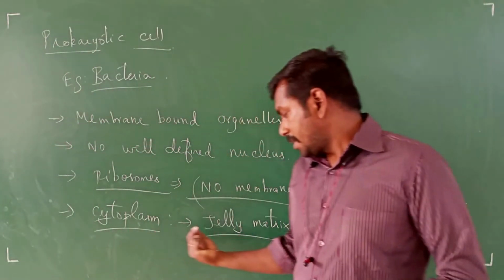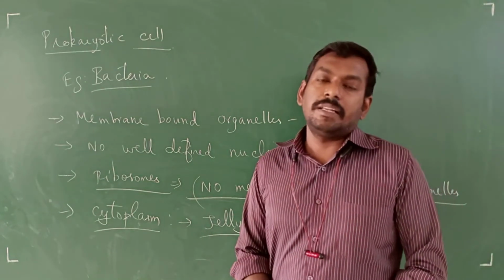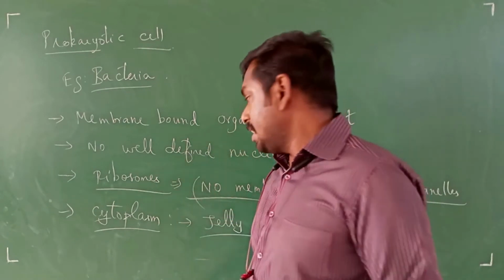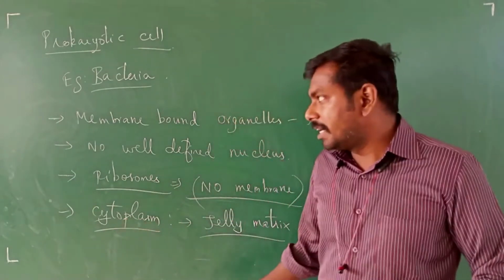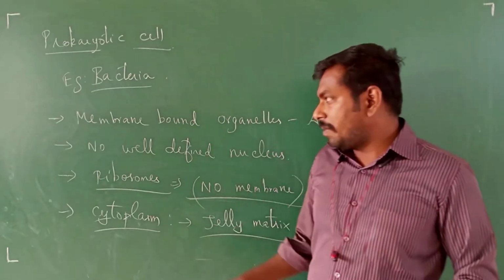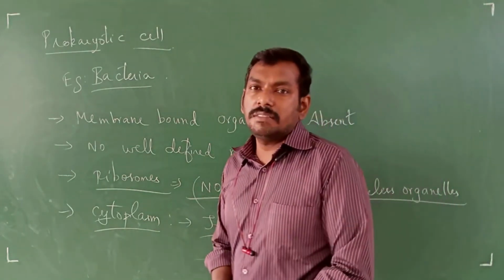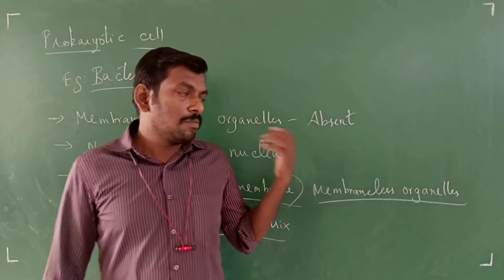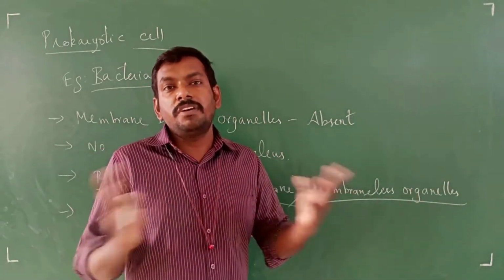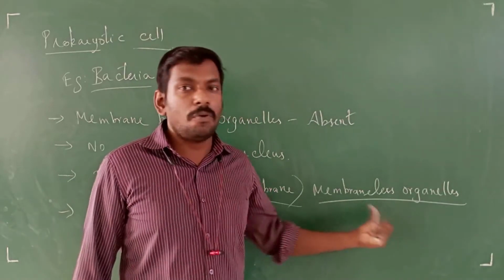In the cytoplasm, various metabolic activities take place. You will also have some locomotory organelles present in prokaryotes. Those things we will see in detail in a different topic under the heading prokaryotic cell.